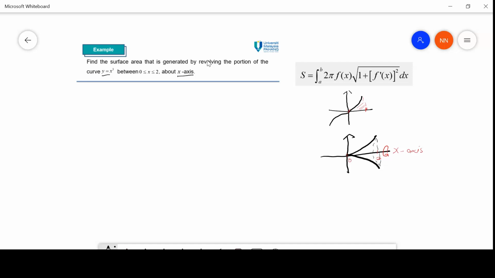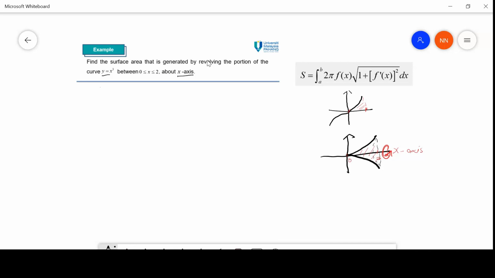Now we want to find all the area given by this region, where we revolve about the x-axis here. So we will use this formula.